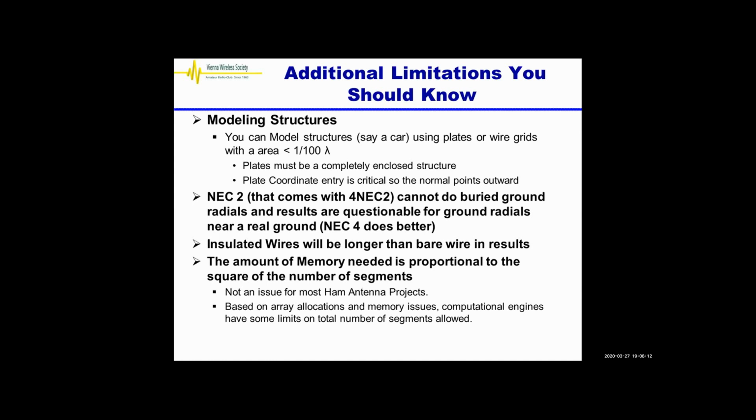So the electrical length of a bare wire and of a wire that's got insulation is a little bit different, and that can affect the results you get running your program. You can probably look up the small percentage change and adjust for it in building your model by changing the lengths to reflect the electrical length versus the physical length.